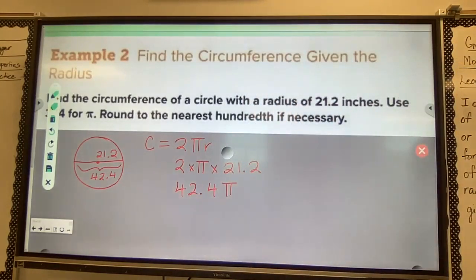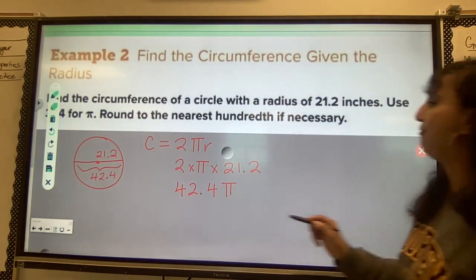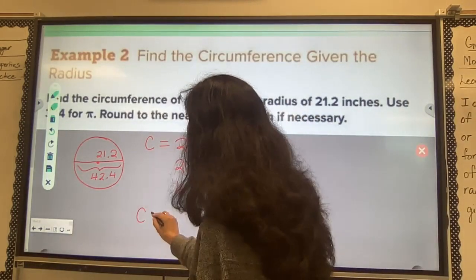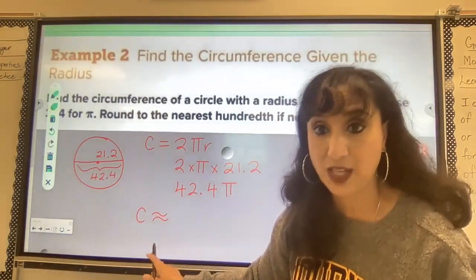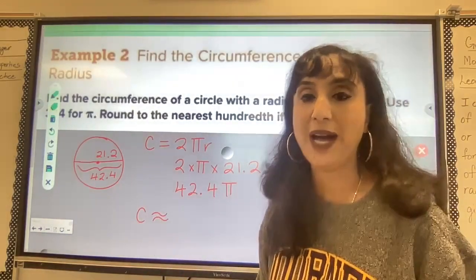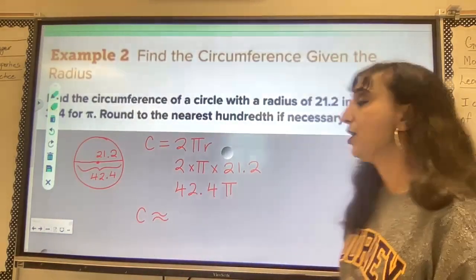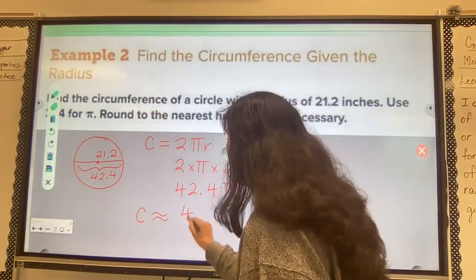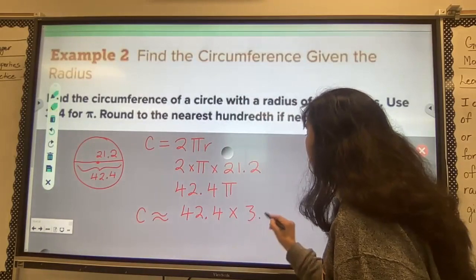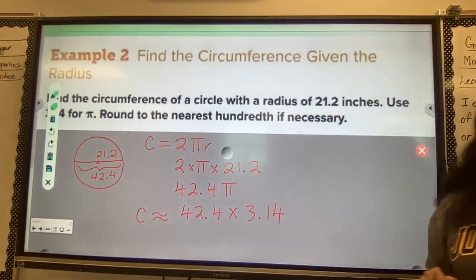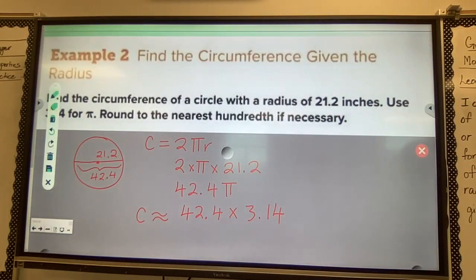And now we are going to use the value of pi. So the circumference is now going to change. The equal sign is going to change into an approximation, because the value of pi is an approximation. So 42 and 4/10 times 3.14, and I am going to go ahead and multiply this.